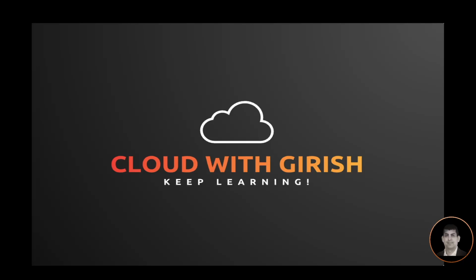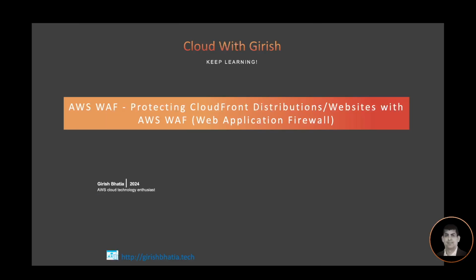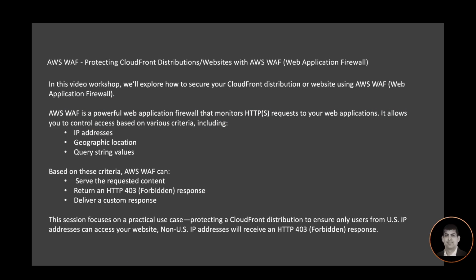In this video workshop, we will explore how to secure your CloudFront distribution or website using AWS WAF. WAF stands for Web Application Firewall. AWS WAF is a powerful web application firewall that monitors HTTP requests to your web application.